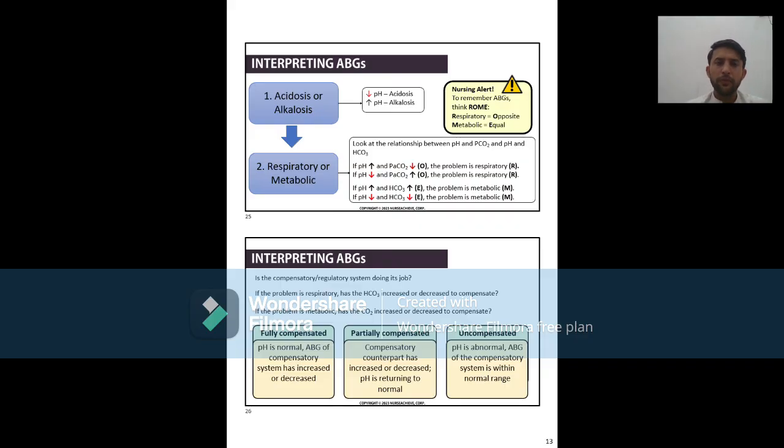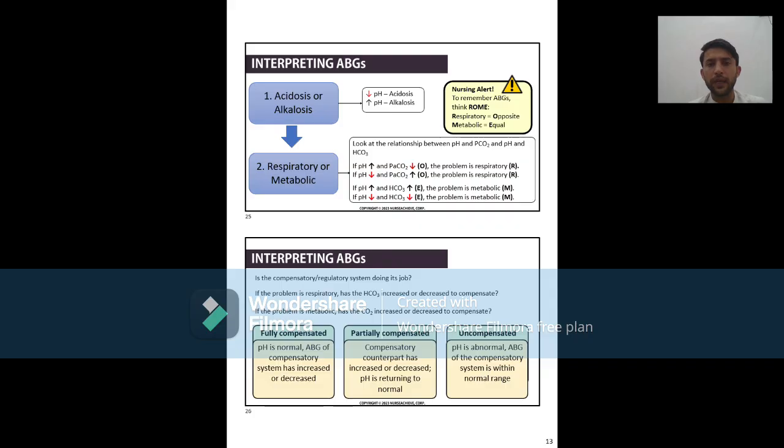What does fully compensated mean? For example, a patient has some issue with respiration. The patient is in respiratory acidosis. As we talked about earlier, in respiratory acidosis it will go opposite: the pH goes down and the PaCO2 goes up. But if we check for compensation, we go to another parameter, which is bicarb.